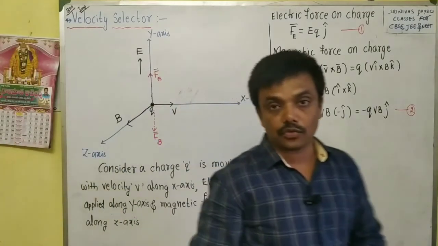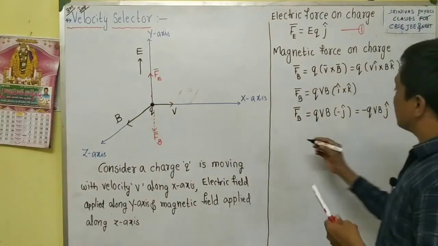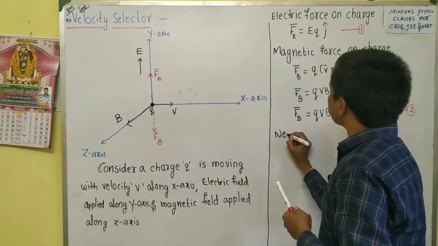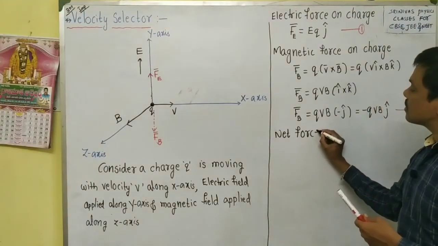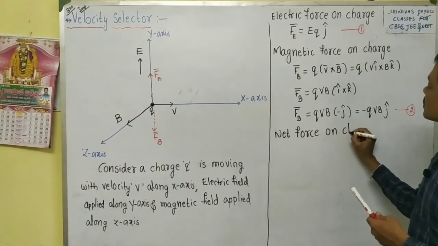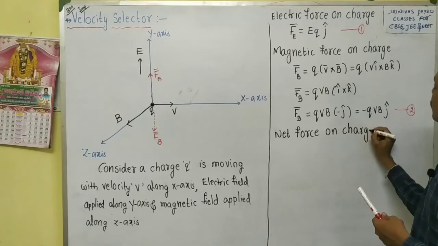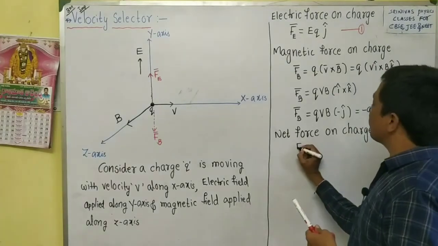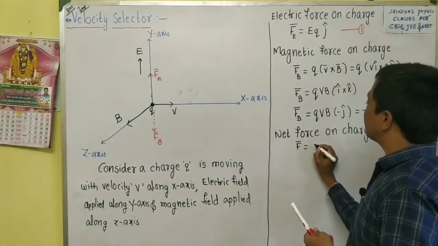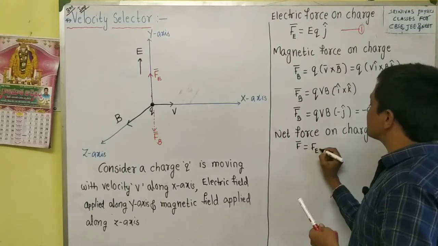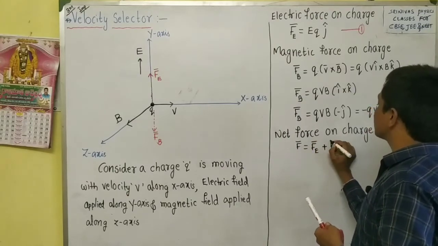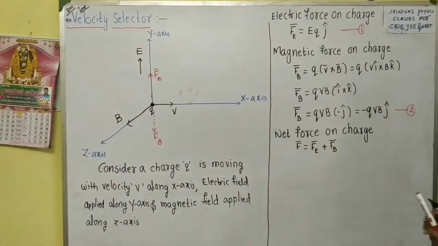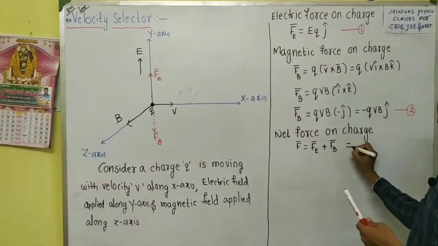And what is the net force on the charge? The net force we will get is F equal to, we have to add them, electric force plus magnetic force.